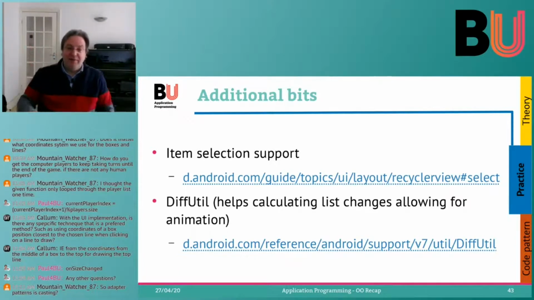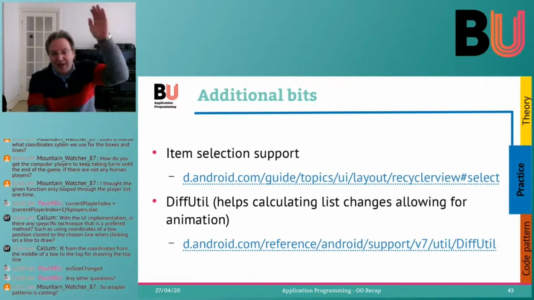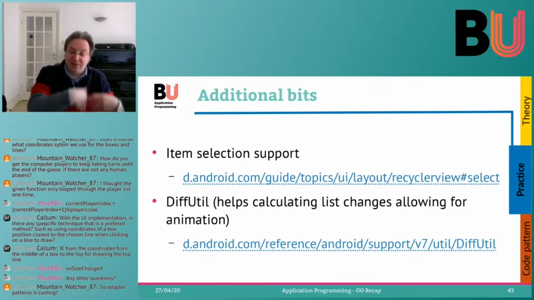Of course, if you just add an item and you know you add an item, it's better just to call notifyItemInserted immediately, because that means you don't need to go through every item and compare them and do equality checks, saying this changed, this changed, this changed, because that's what DiffUtil does.